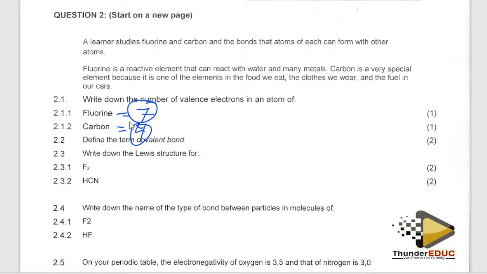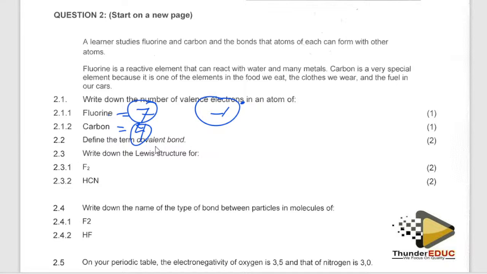There are 4. But if they are talking about the valence of fluoride, it is going to become -1 because it is only remaining with 1 to become full. Yes. So I think you got it right.